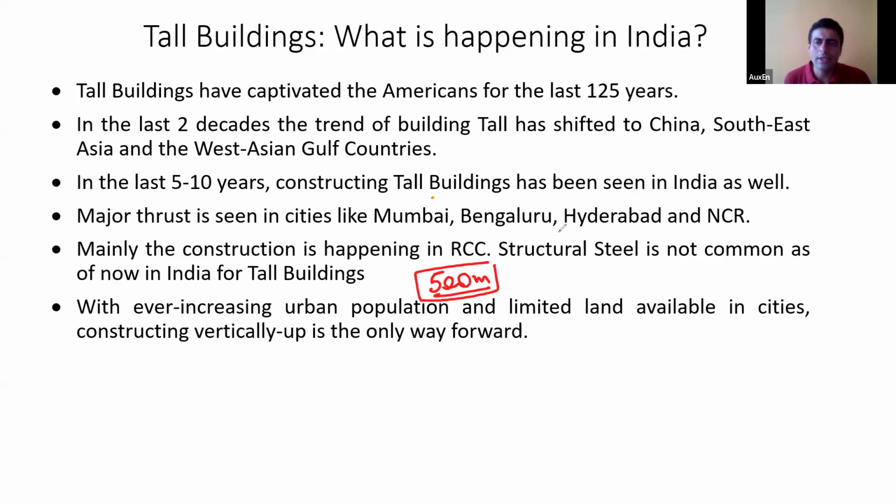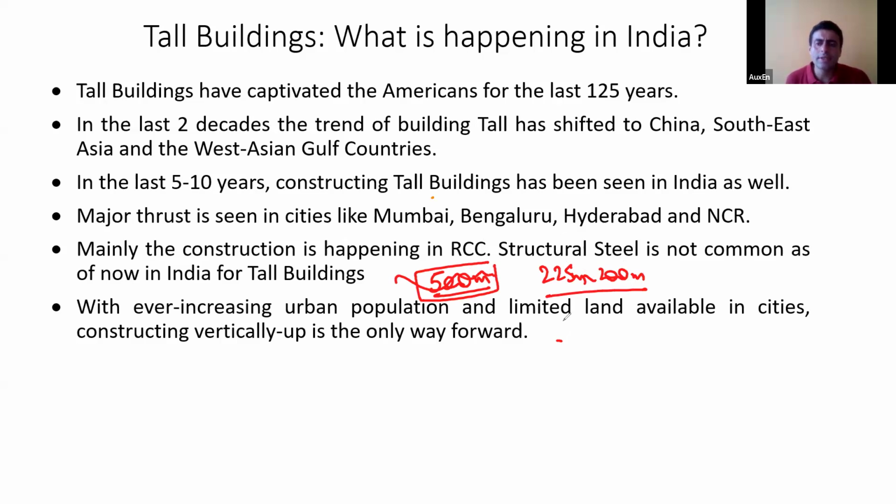So they have imposed this condition on the developers to not go beyond 500 meters. Anyway, in India, we are mostly at the 225 to 300-meter range as of now. But in future, who knows? We may start building even taller.